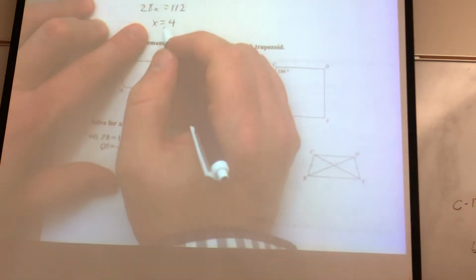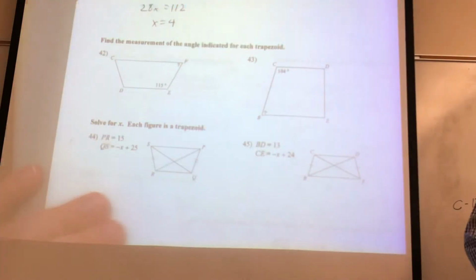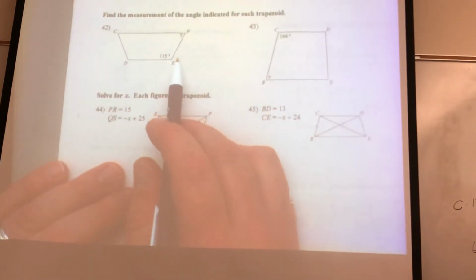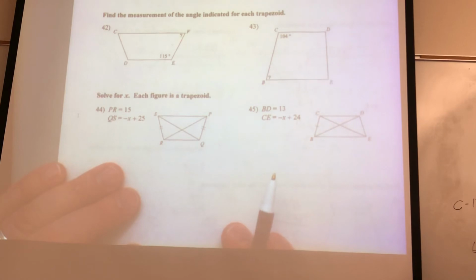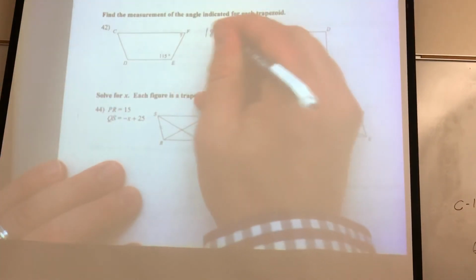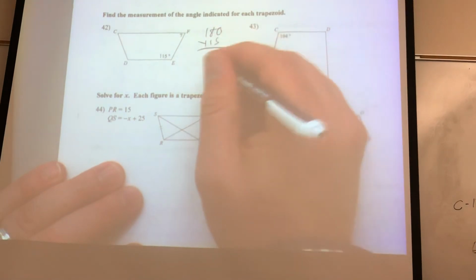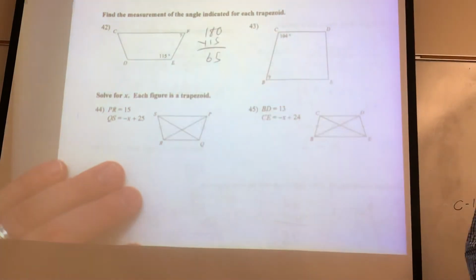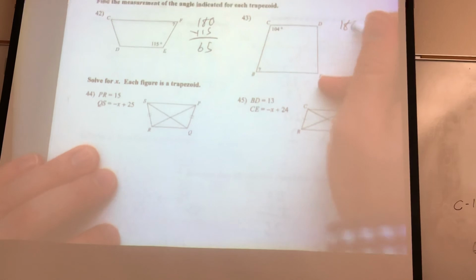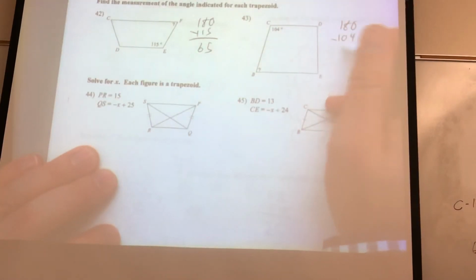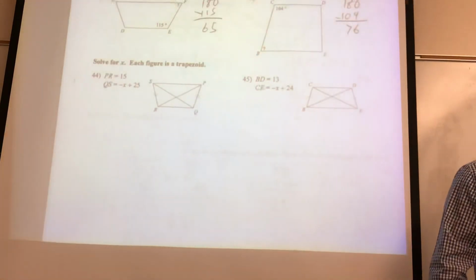So once we have 4, that would be, no, these are good. Okay, trapezoid just 180 minus 115. That's going to be 65 for this angle up here. 180 minus 104 is going to be a 76 for this angle down here.